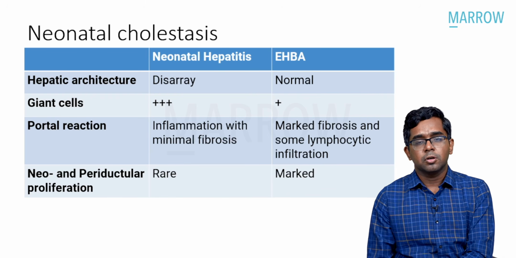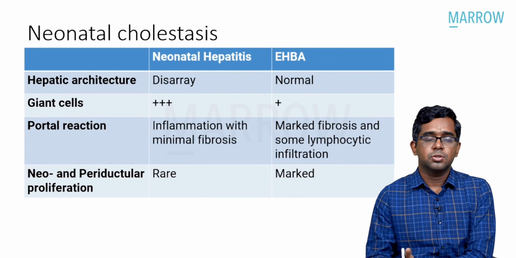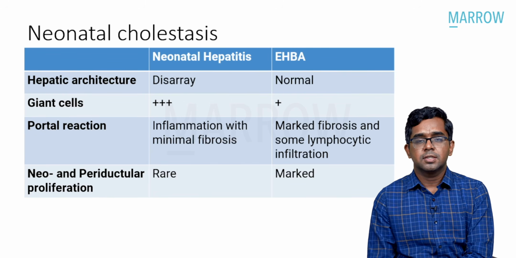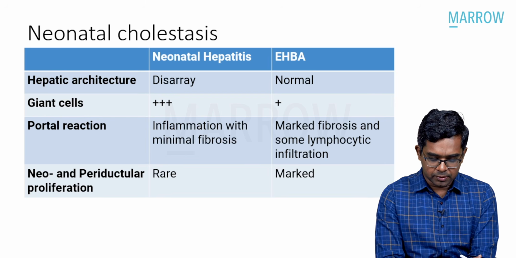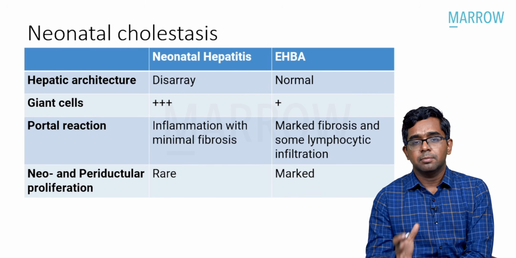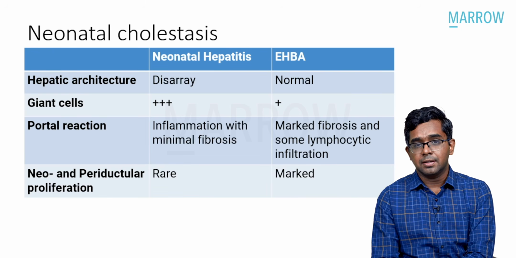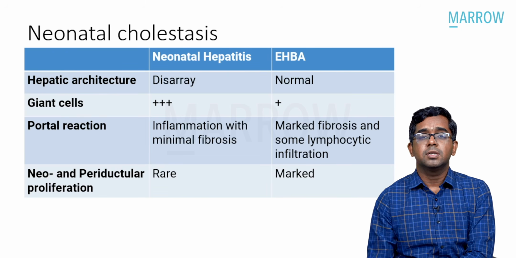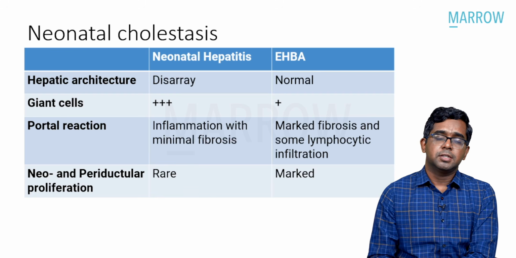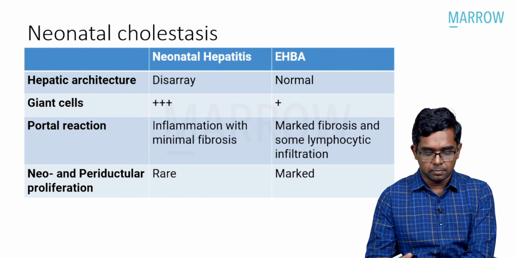Remember, liver biopsy is the most important diagnostic investigation in these two conditions, so you should know the differences between the two. Number 1, hepatic architecture. It will be very abnormal in neonatal hepatitis, with disarray of the hepatic lobules, whereas in extrahepatic biliary atresia, the hepatic architecture is usually normal.